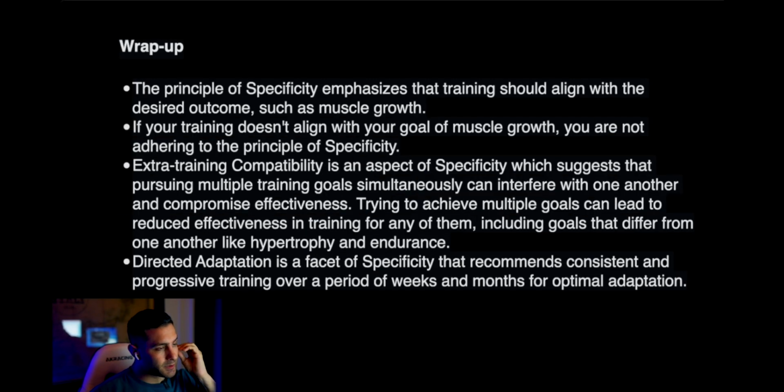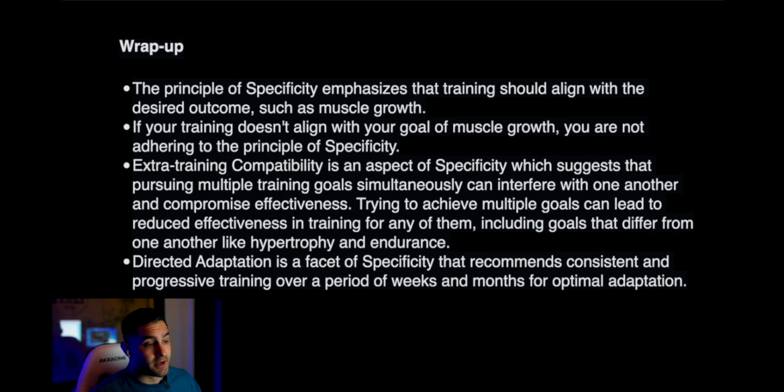And then just to wrap up really quickly, everything we talked about, this is the first principle for many, Eric Helms, Mike Israetel, these guys. The first principle in a lot of their books is the principle of specificity. And that emphasizes the training should align with the desired outcomes, such as muscle growth in our case. And if your training doesn't align with your goals of muscle growth, you are not adhering to the principle of specificity. Okay?